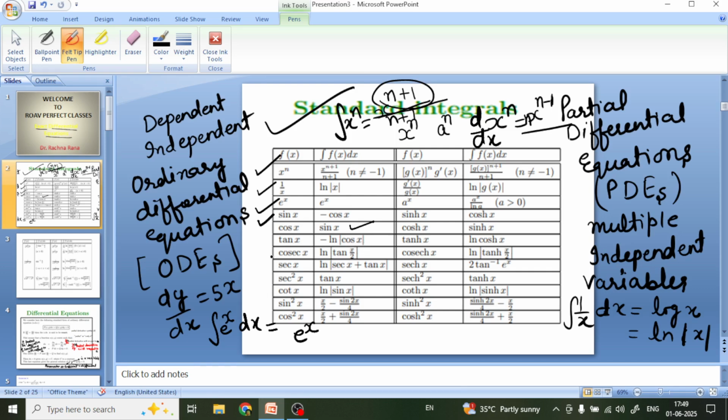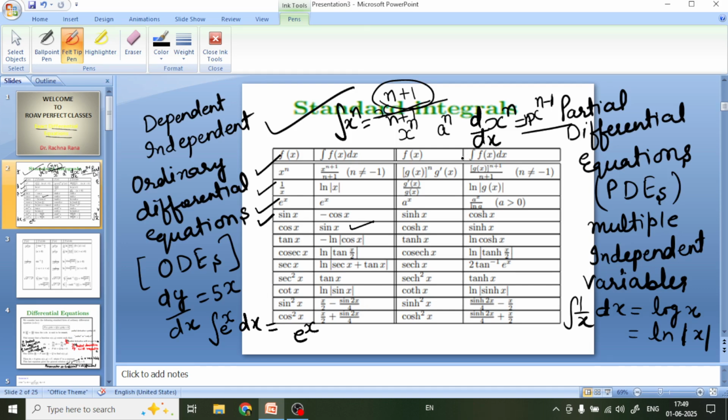Integration of cosecant x is log modulus of tan x over 2. Integration of secant x is log modulus of secant x plus tan x. Integration of secant square x is tan x. Integration of cot x is log modulus of sin x. Integration of sin square x is x over 2 minus sin 2x over 4. Integration of cos square x is x over 2 plus sin 2x over 4.